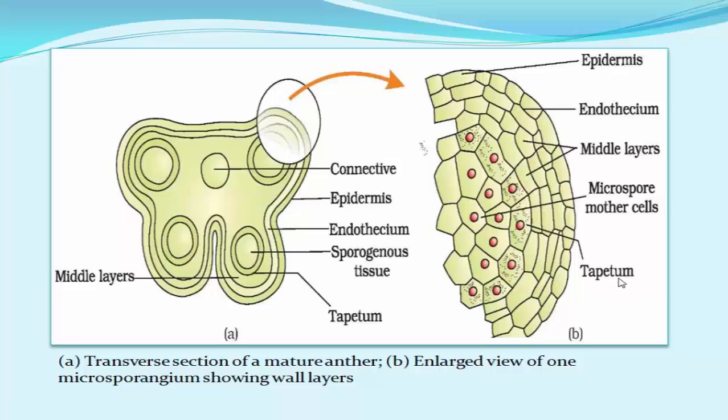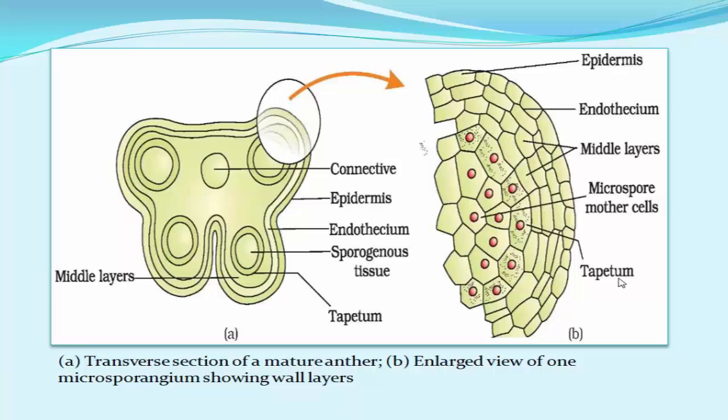The tapetum is a very important layer because it is functioning in different ways. The cells of the tapetum are multinucleate. It contains dense cytoplasm, and very important function of the tapetum is the cells provide nourishment for developing pollen grains.